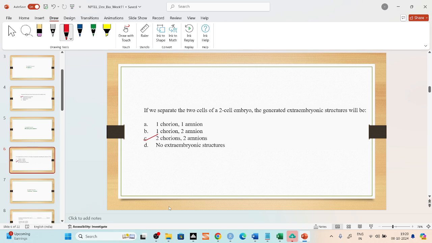understanding with respect to the embryo, chorion is basically the outermost membrane that surrounds the embryo, and ultimately it develops to the fetal part of the placenta.